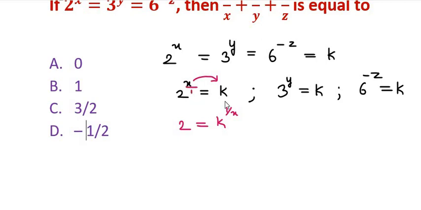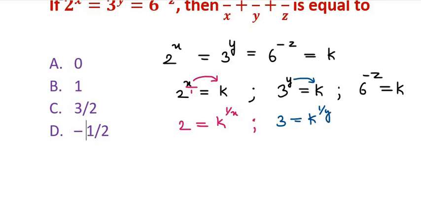So it flips and becomes 1 over x. Now let us do the same thing for the next one, sending the y to the other side of the equal to sign. So it becomes 3 is equal to k to the power of 1 over y.